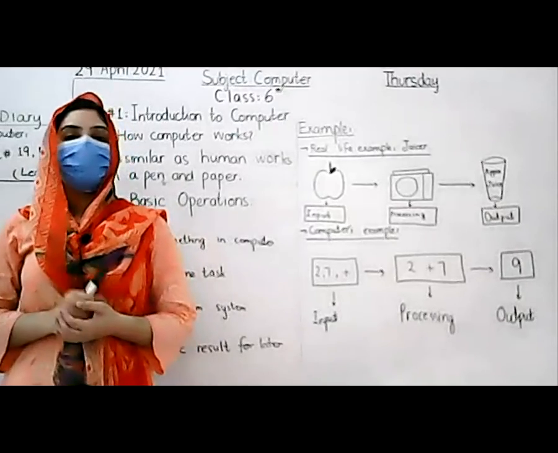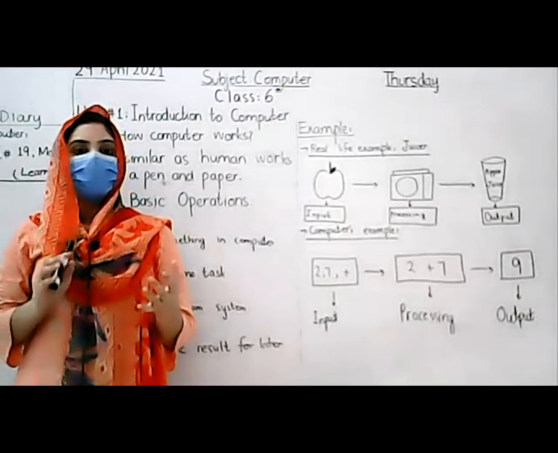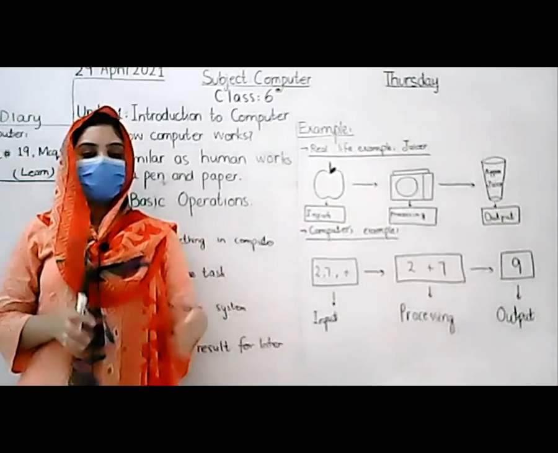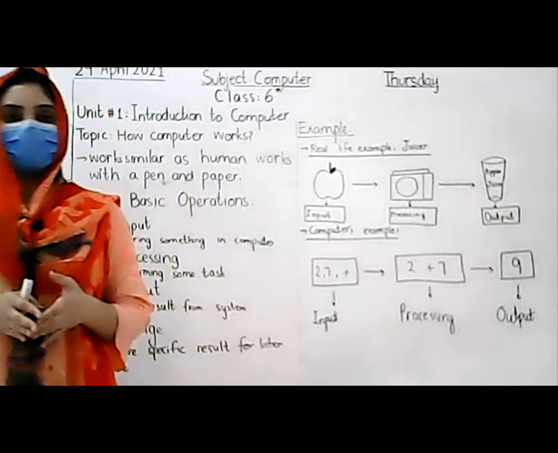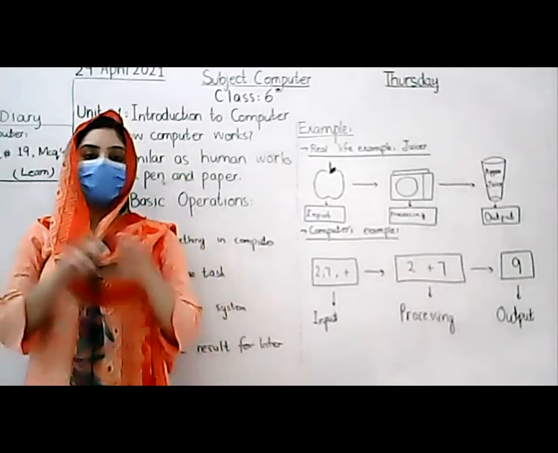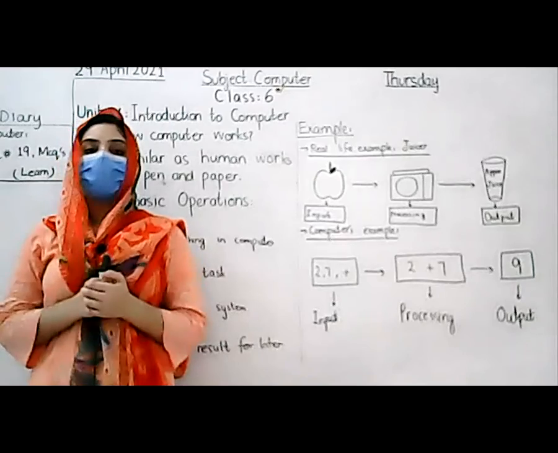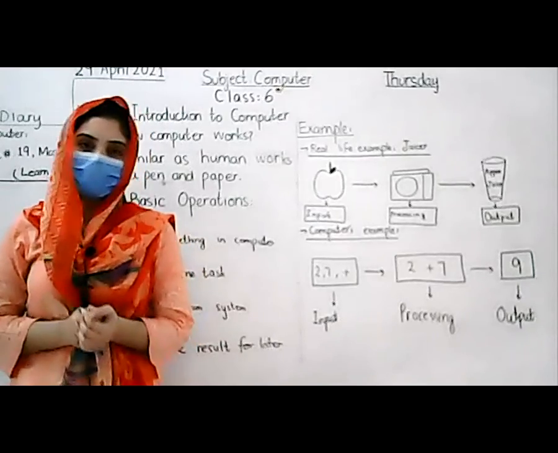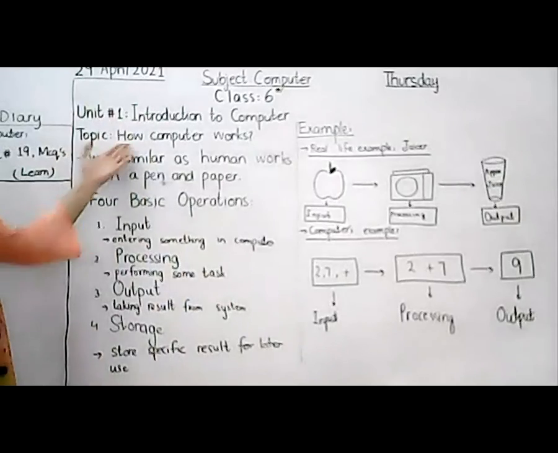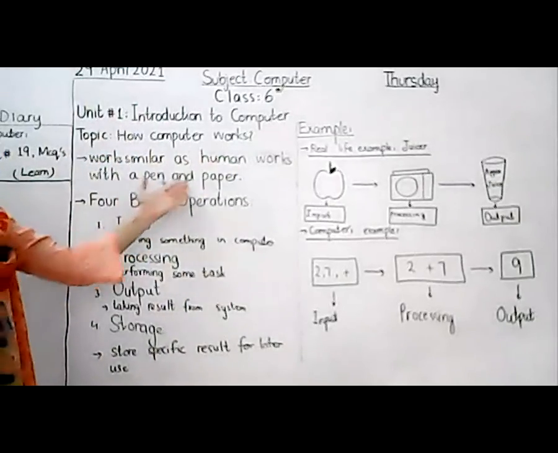First of all, you will have the pen and the page, and then you will start writing on it, and after you have done the process, you will get the whole essay written on the paper. So it will be the output. So we can say that a computer always works like a human being. A computer works similar to how a human works with a pen and paper.